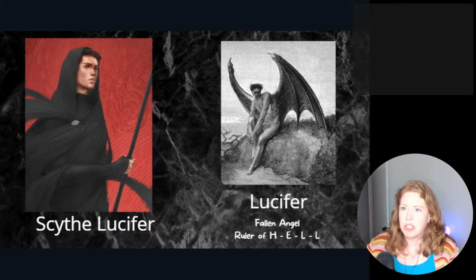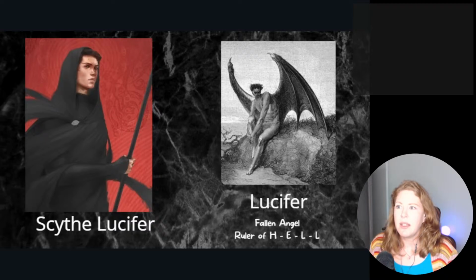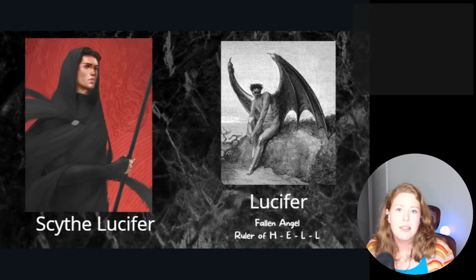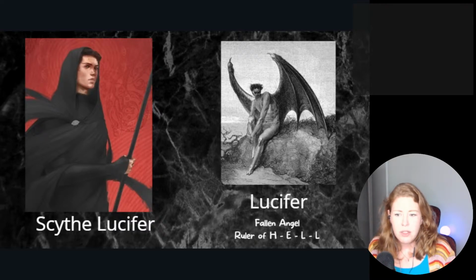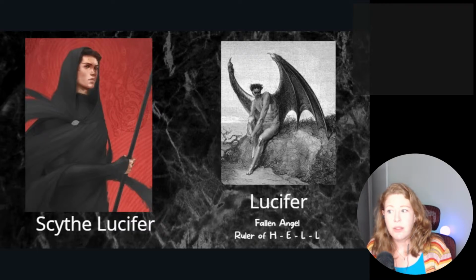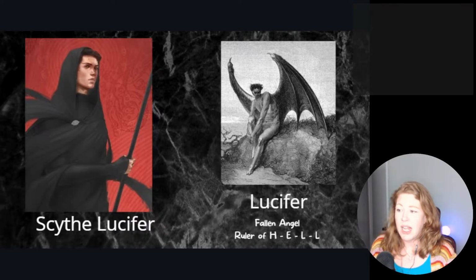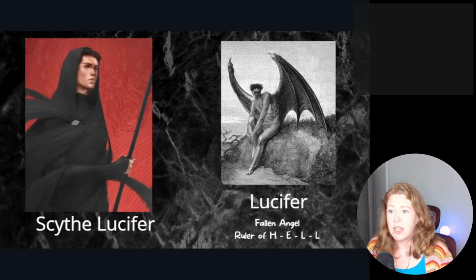Obviously in Christian mythology, Lucifer goes on to be the devil, the actual devil, the embodiment of evil. But in a lot of senses, the devil also comes to represent the antithesis of God, right? The opposite of the normal way of doing things or the traditional way of doing things. And so Rowan, Scythe Lucifer, is doing something different than the way normal scythes are operating.